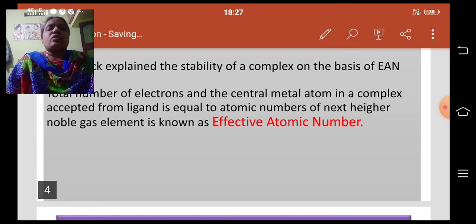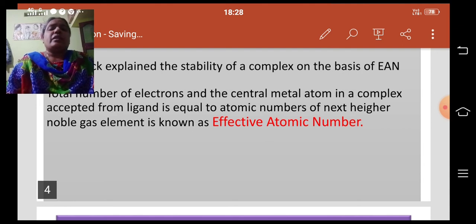That is, the total number of electrons in the central metal atom plus the electrons accepted by the ligands, if the total equals the next inert gas atomic number, is the effective atomic number.